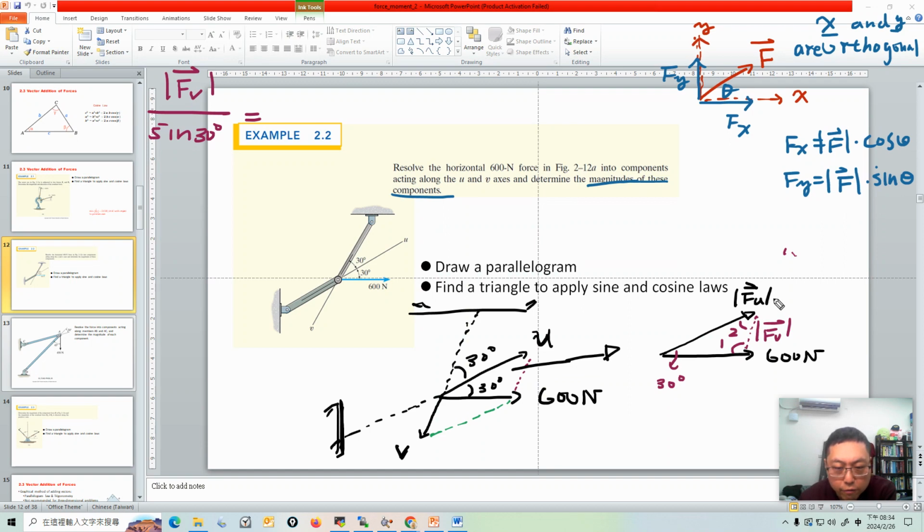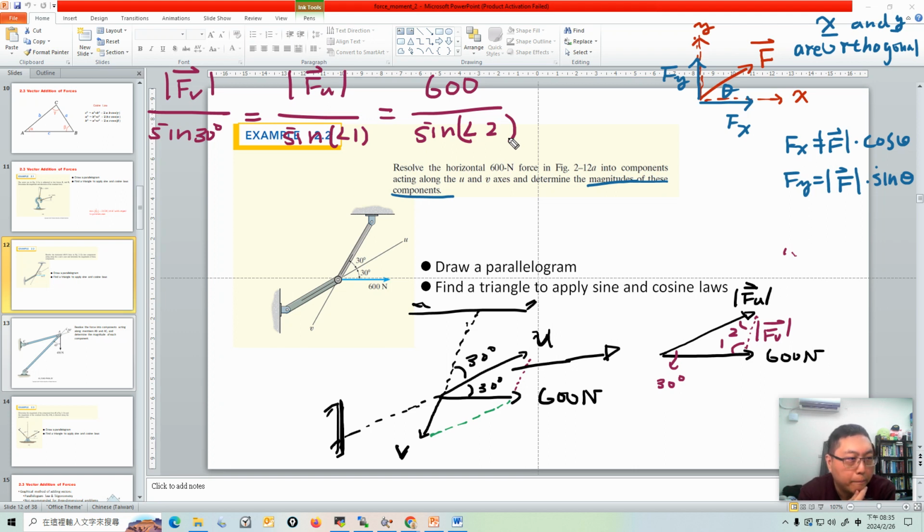And FU, the opposite angle, FU is here, be careful. FU is here, the opposite angle is angle 1, so it's sine angle 1. And finally, the resulting force is 600 Newton. Its opposite angle is angle 2, so it's sine angle 2.